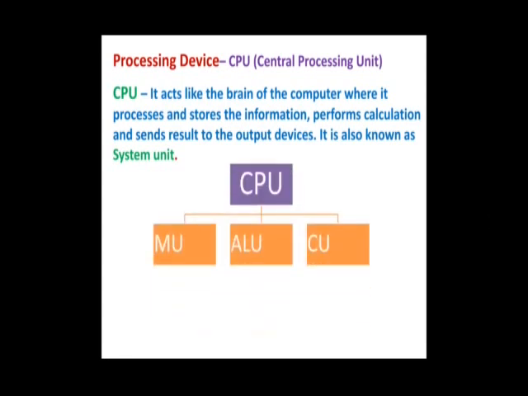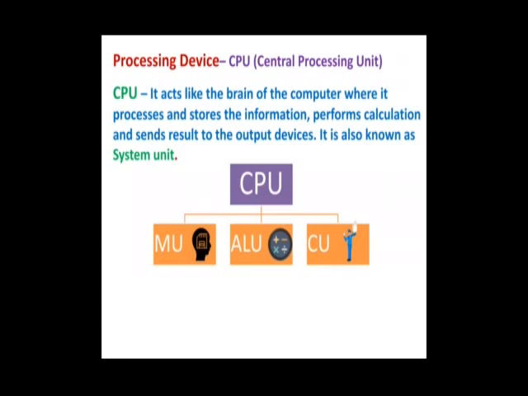Now see, CPU is again divided into three parts so that we can understand its function very easily. First is memory unit, second is arithmetic and logical unit, third is control unit. So as you can see, I have put small pictures aside to these words.